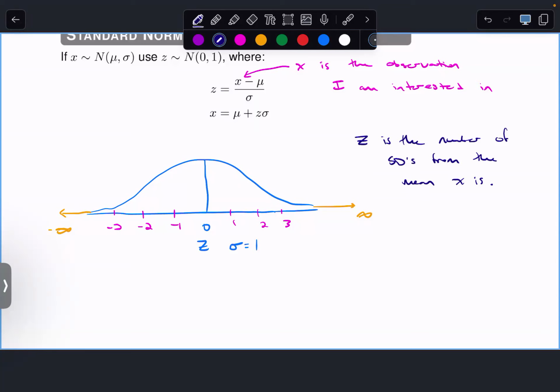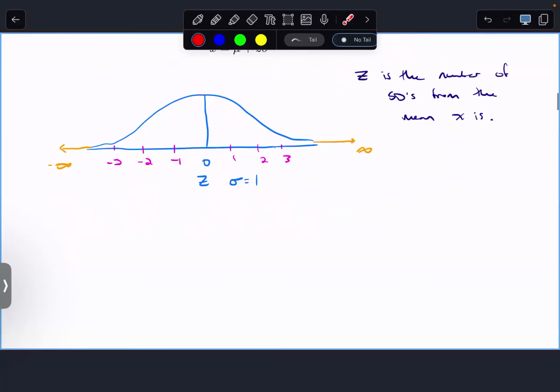Okay. So then what we said was, the area under the curve is a probability. So it's the probability of these things happening.